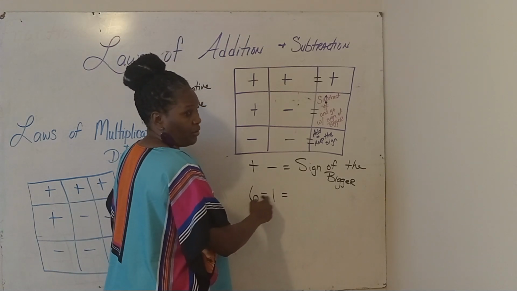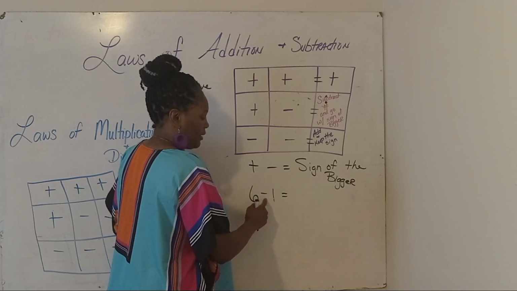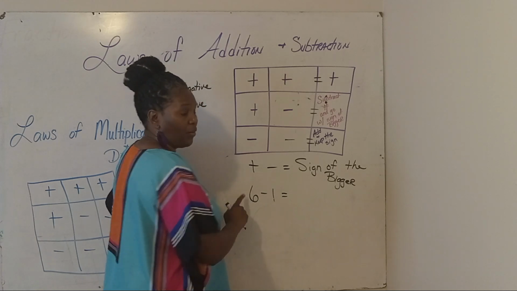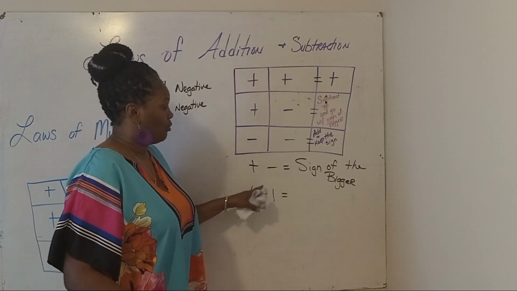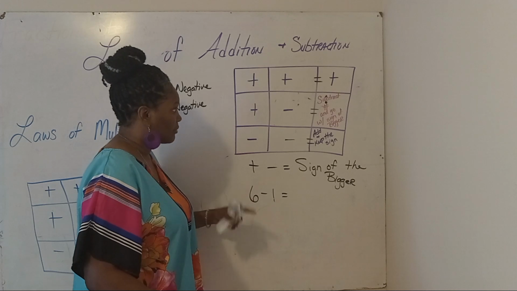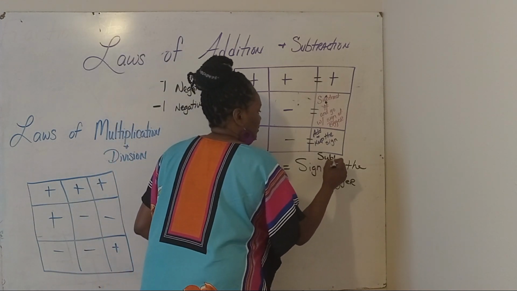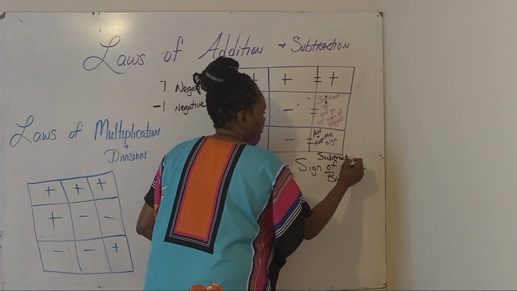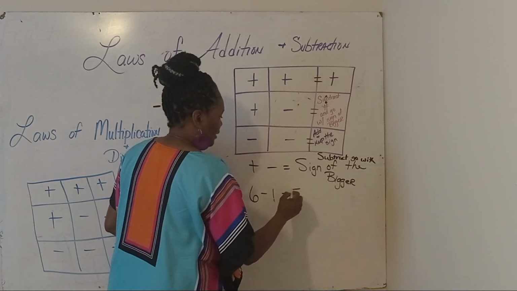This 1 is negative. Even though we don't see a sign in front of the 6, that's positive. So you subtract and go with the sign of the bigger. So that's 5.